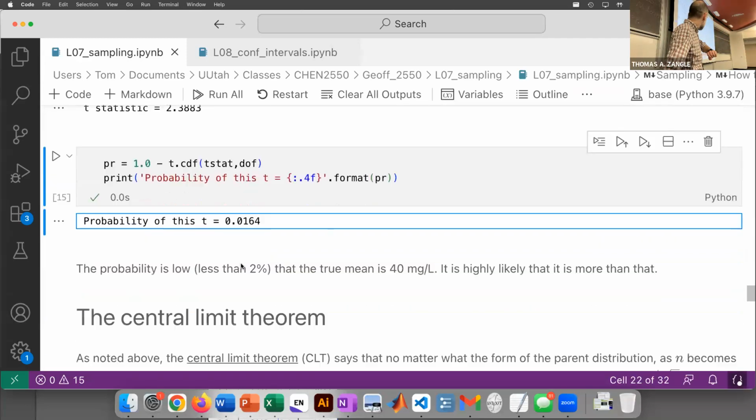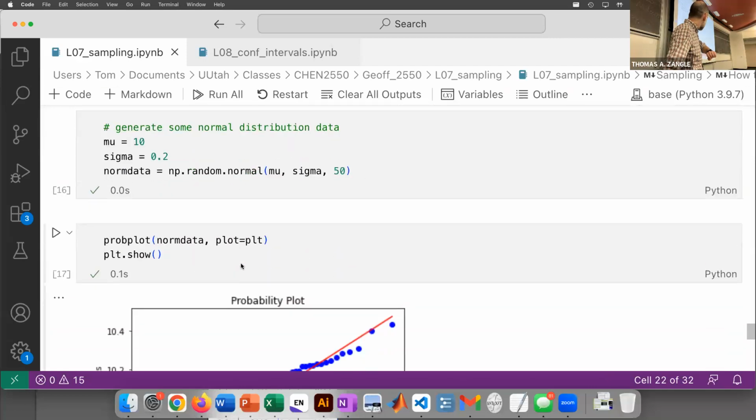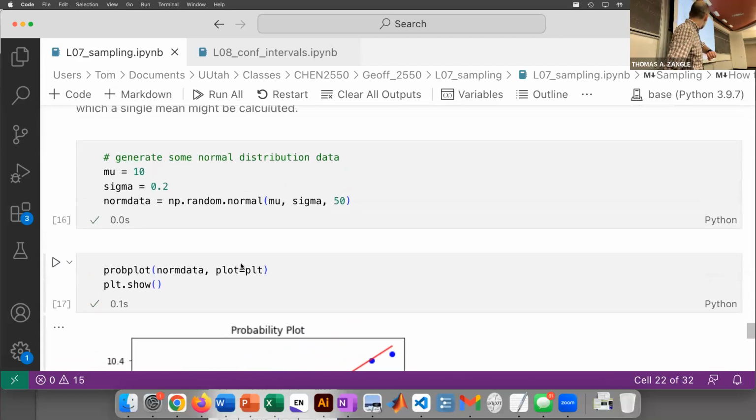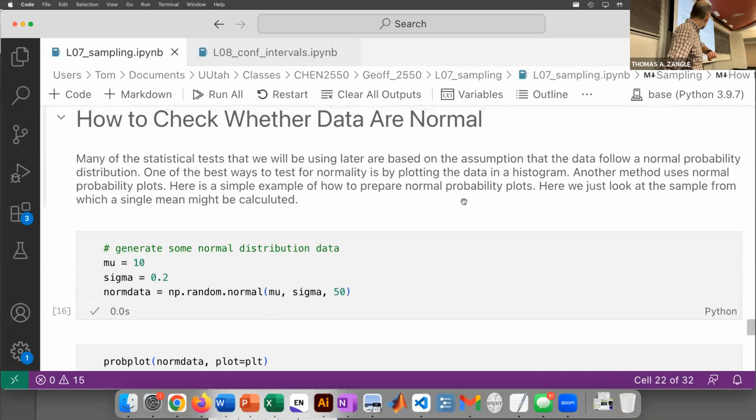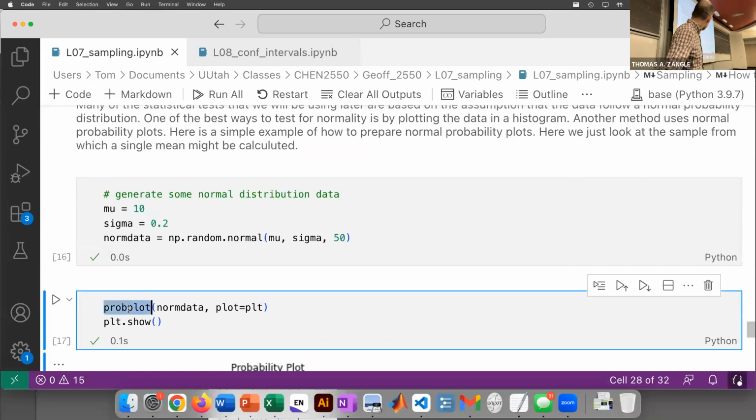Another useful way of looking at data to determine if it's normal is to plot what's called a normal probability plot. A way to generate this in Python is to use probplot, which will allow us to see this.